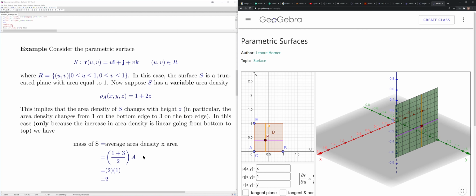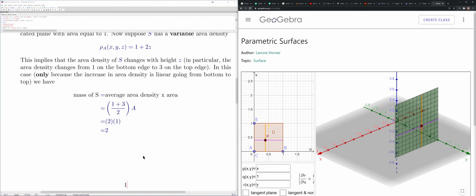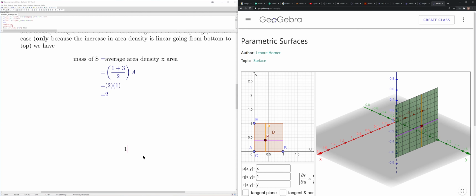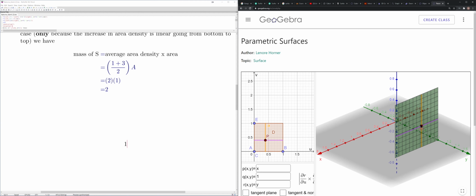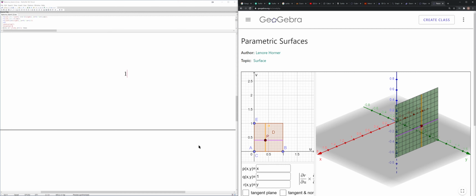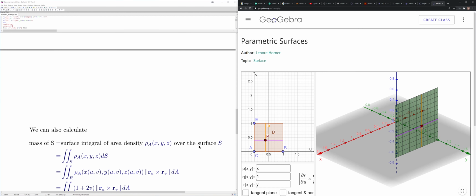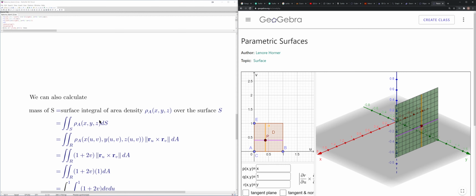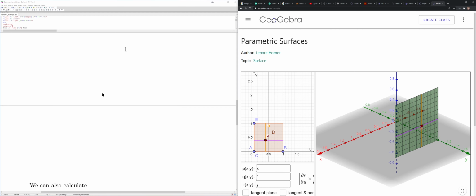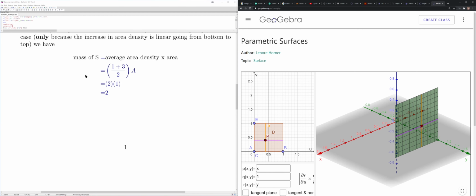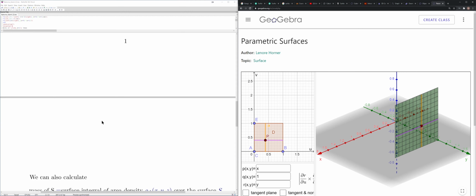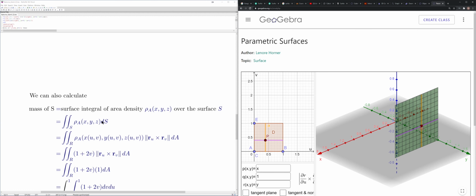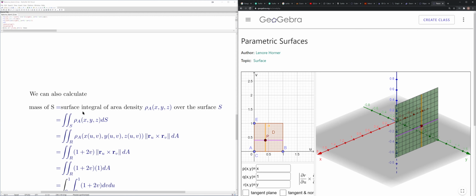So just to give you an idea of where we're going to use the surface integral of a function: to calculate the mass of S, the same calculation that I had up here, where the mass of S turned out to be equal to 2, the more general way to do it would be to use a surface integral.